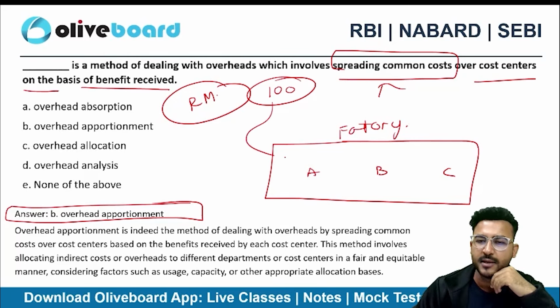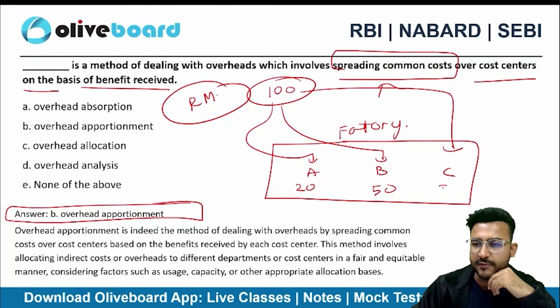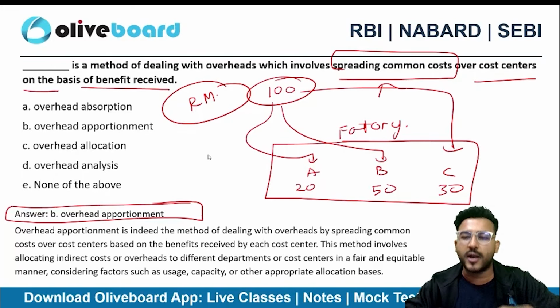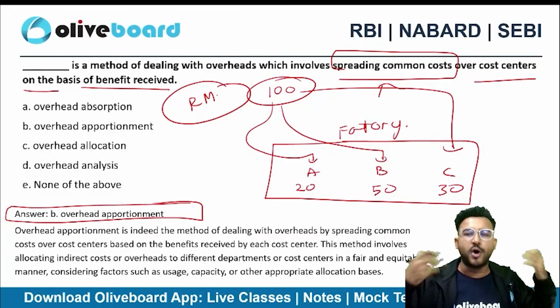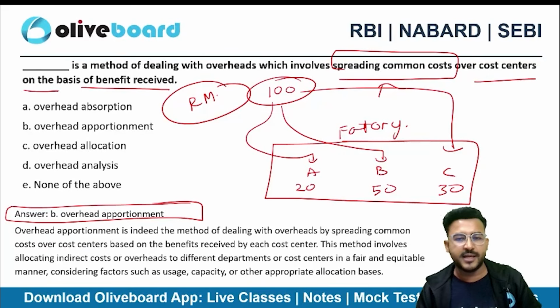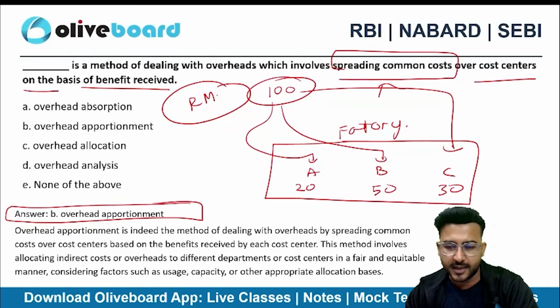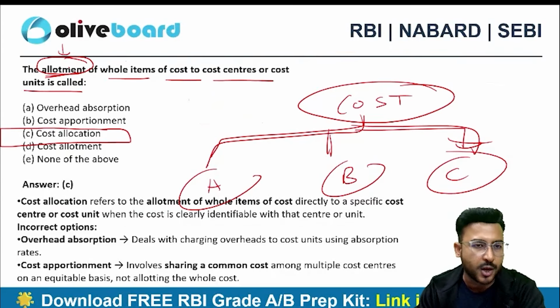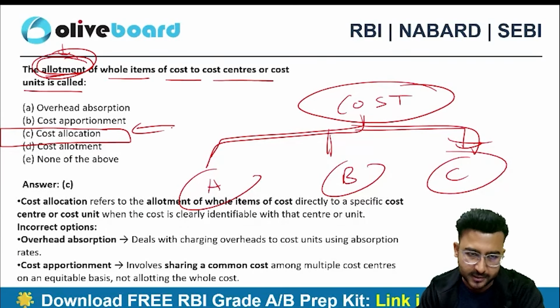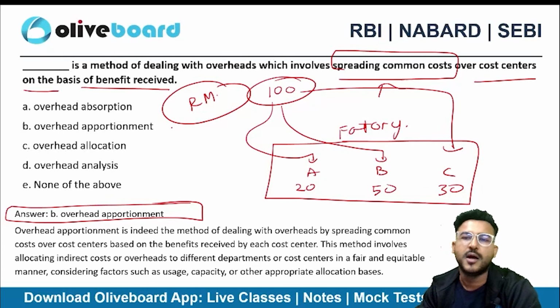Now I know that 20 will be consumed by A, 50 will be consumed by B, and the rest 30 will be consumed by C. This is called allocation, because I already know that if I make A it will take 20, for B it will take 50, for C it will take 30. I am just allotting it, I'm just allocating it, right? So that's called cost allocation.